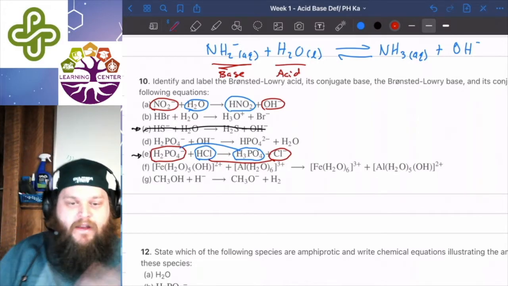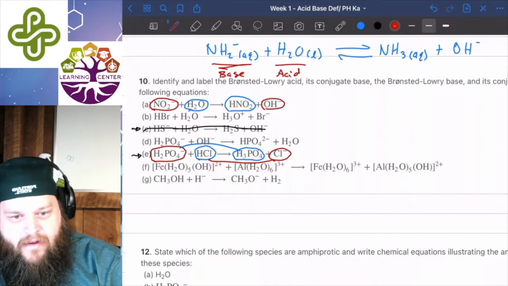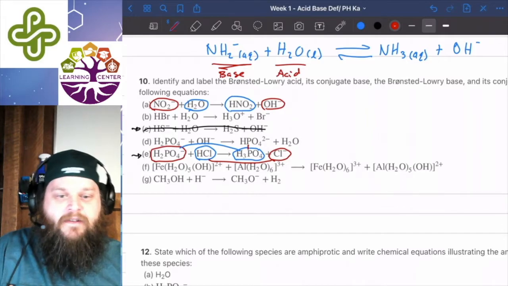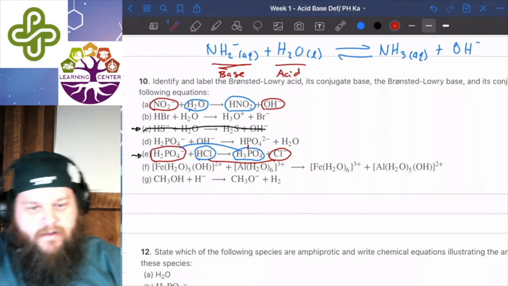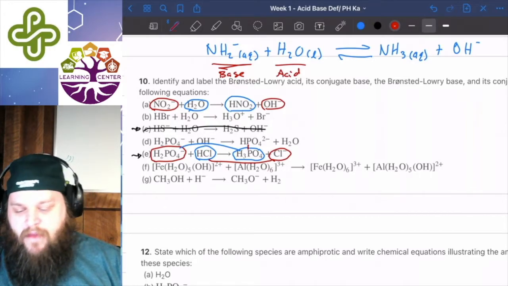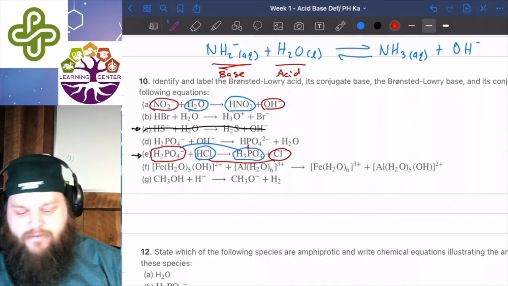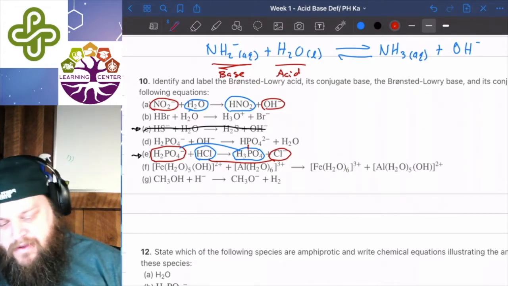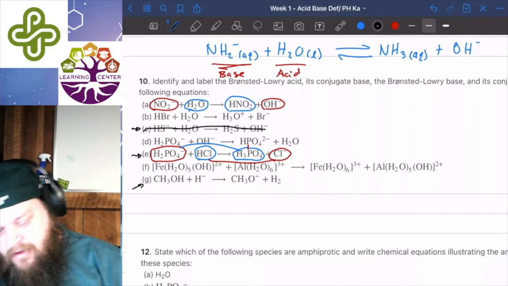I know it's a little backwards in your head sometimes, where you're looking at, yeah, they switch. Because this one went from a base to an acid, so we call it the conjugate acid, but it's referring to the base in the reactants. And the conjugates are always going to be in your products, and the regular ones are always in the reactants. But you could flip that around, and since it's in equilibrium, it can go both ways.